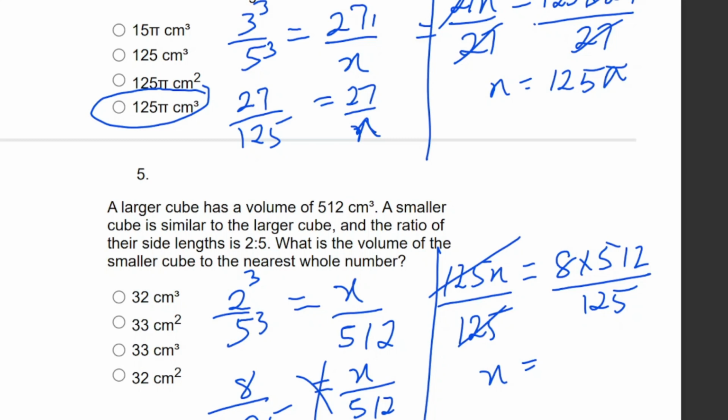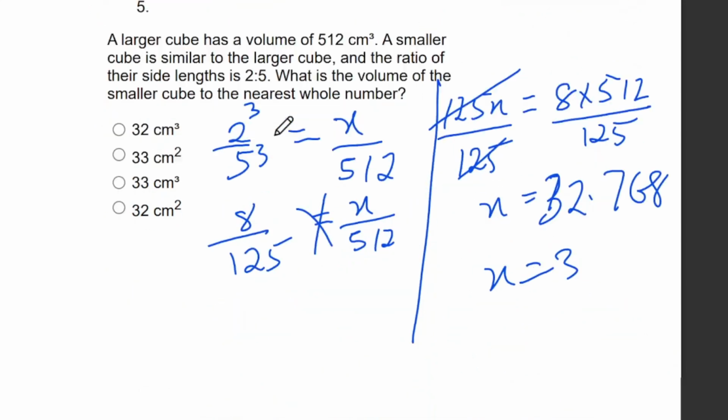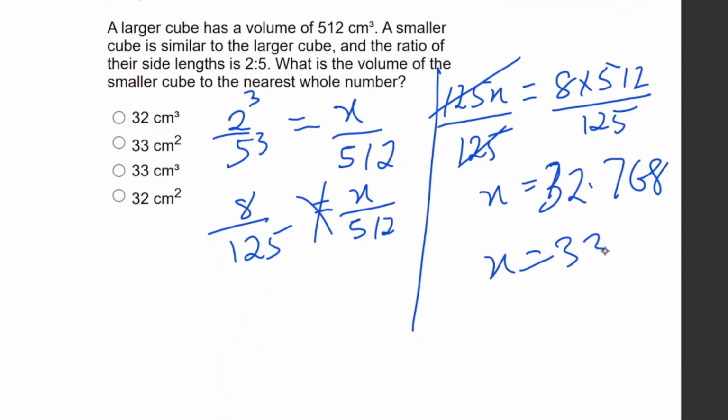That gives us 32.768. But the question says we should round to the whole number. So x equals 33. This should become 33 centimeters cubed.